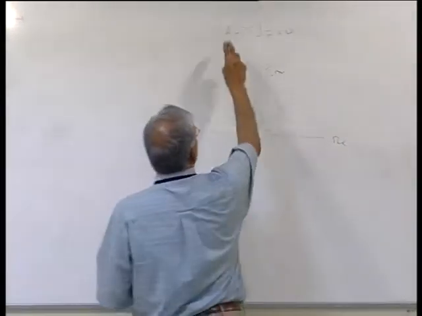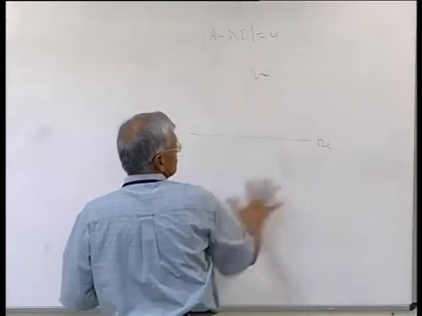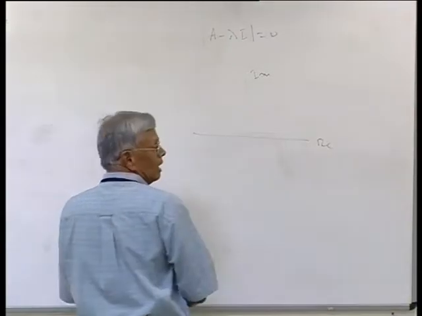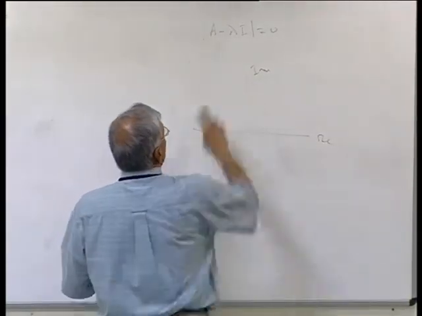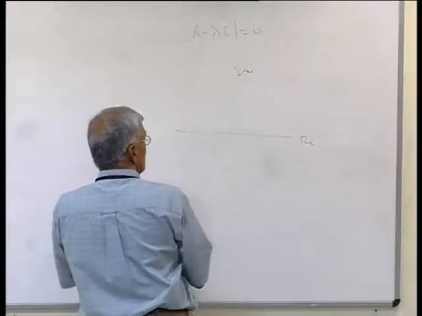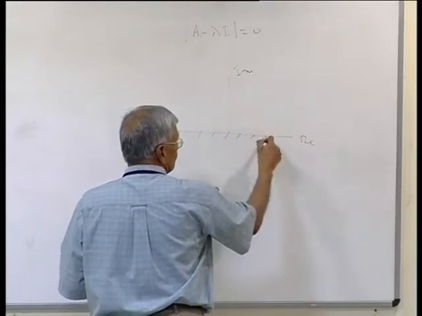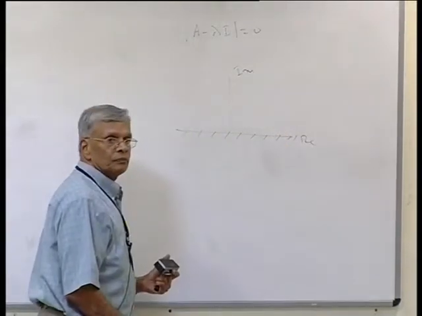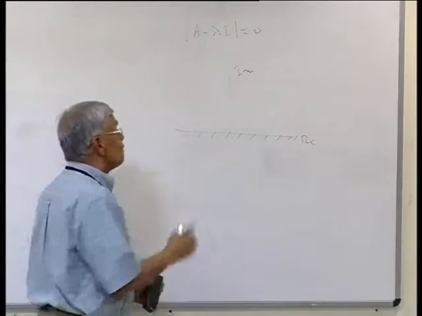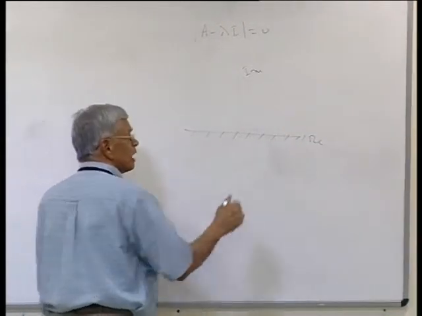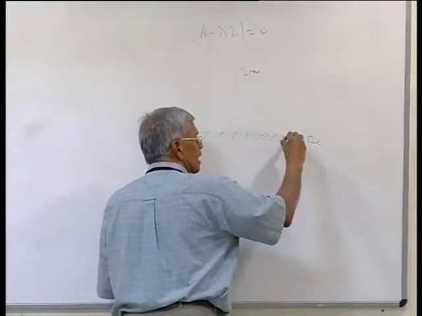So if the matrix is general, the eigenvalues can lie anywhere in the complex plane. If A is symmetric, eigenvalues are real. So that's a structural concern. If A is, in addition, symmetric and positive definite, the eigenvalues are real and positive.